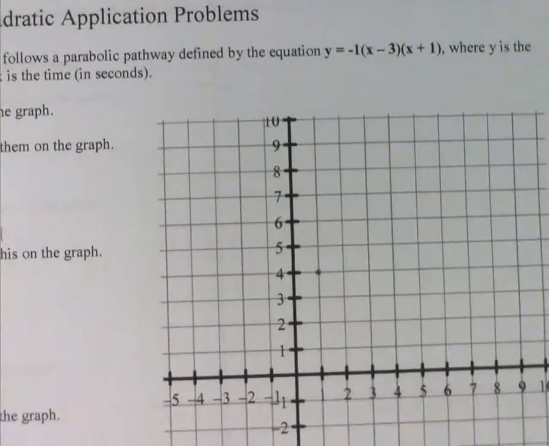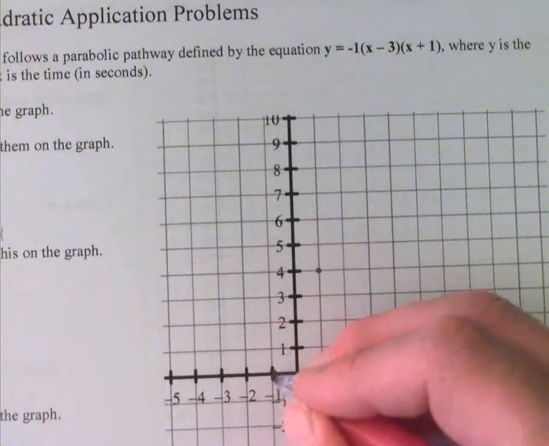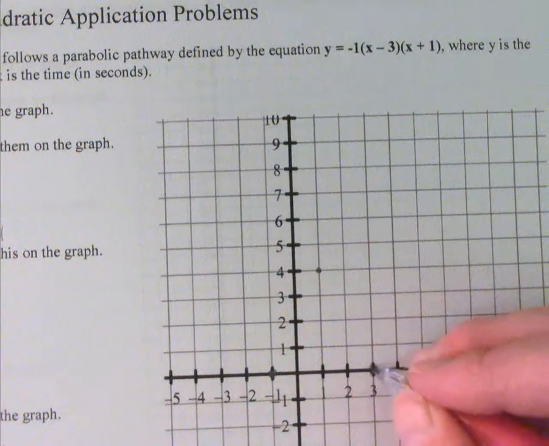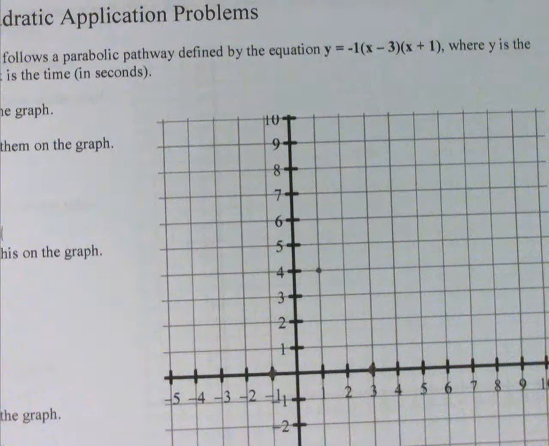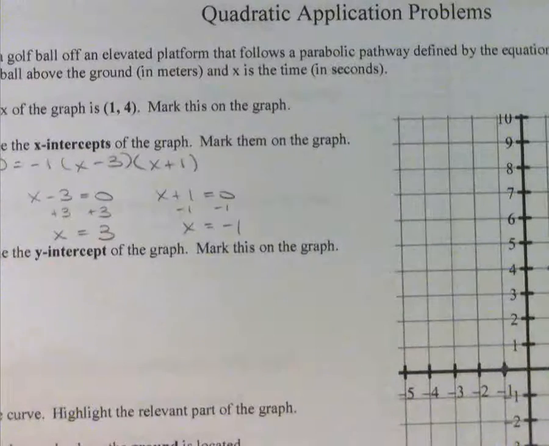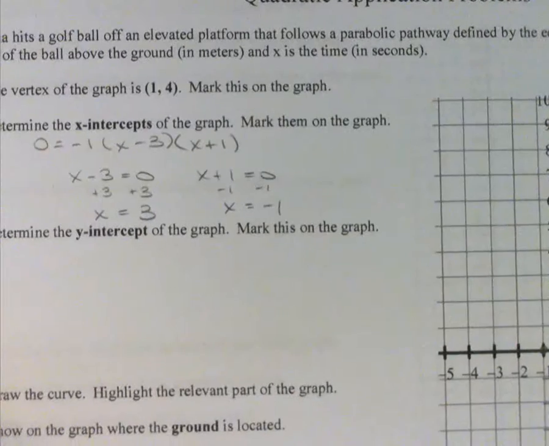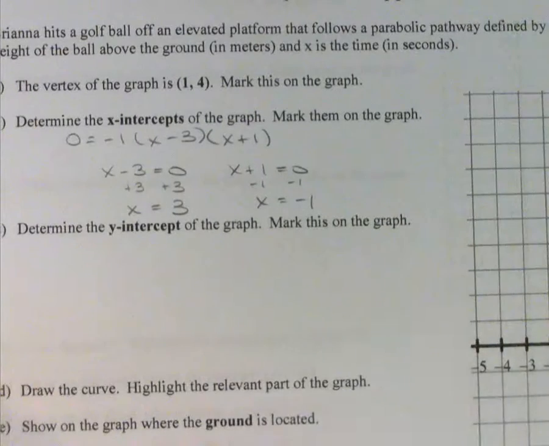So I'm going to go over to my graph. At minus 1 and at 3, I'm going to put my x-intercepts. Now I need to do my y-intercept. My y-intercept is when my x is 0.